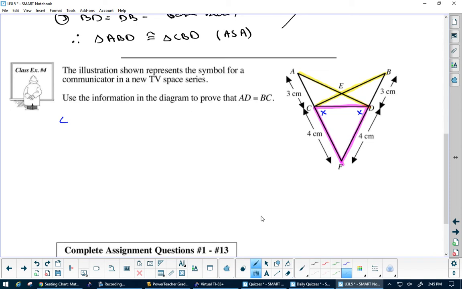This is angle FDC, I guess, right? You could call it, yeah, FDC equals angle FCD. And that's, what am I using? Isosceles triangle.